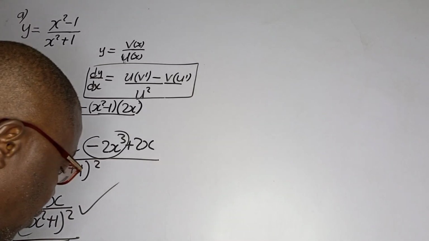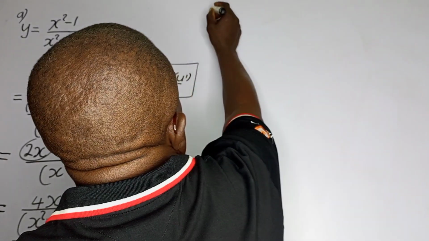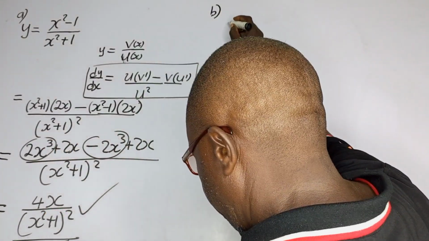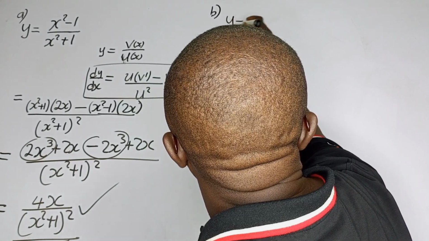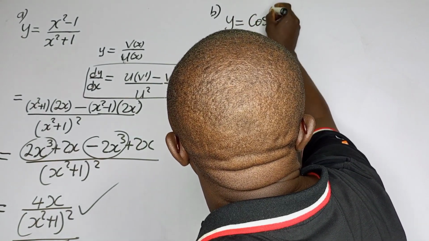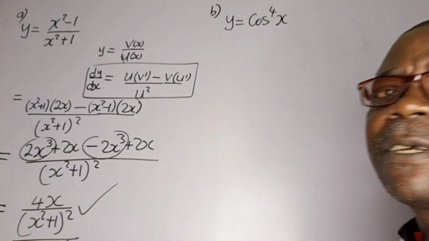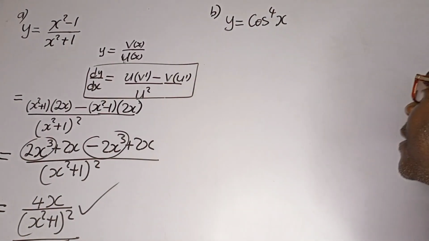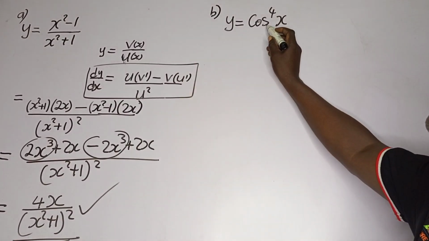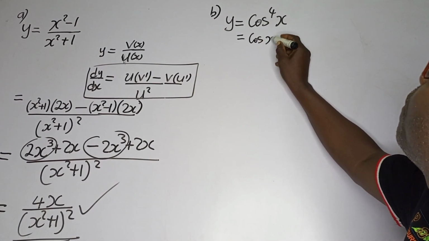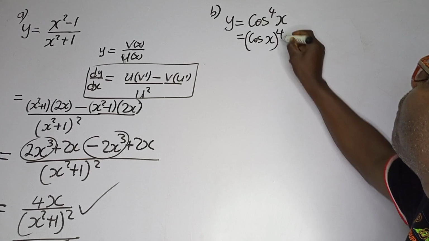Now let's take the second expression. The second expression says y is equal to cos to the power 4 of x. We want to find the first derivative with respect to x. Okay, this is the same as cosine of x all raised to the power 4.